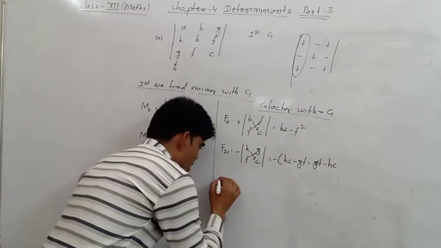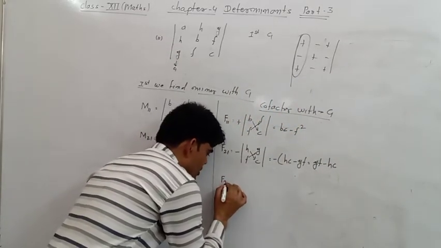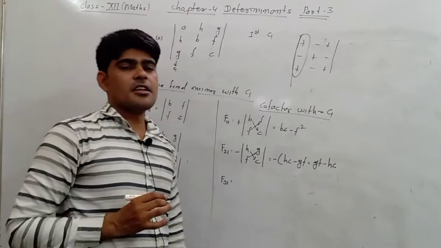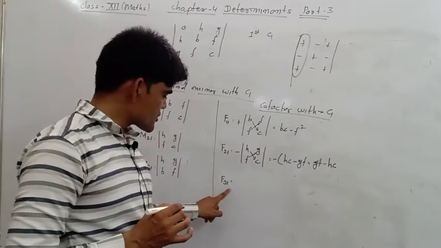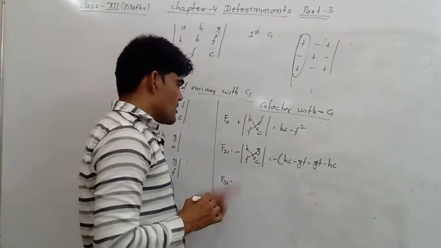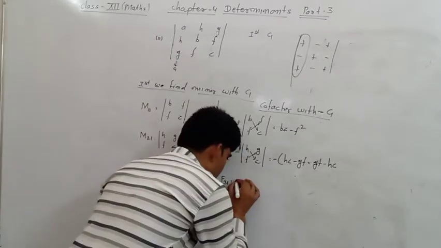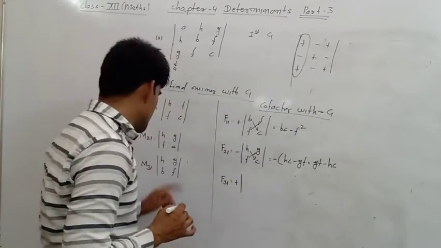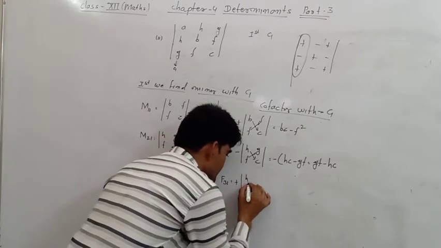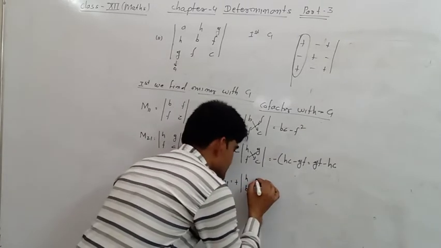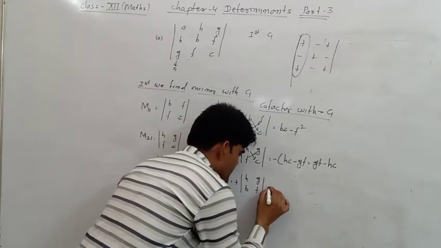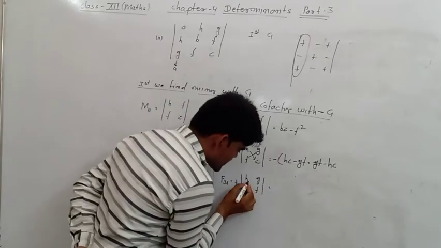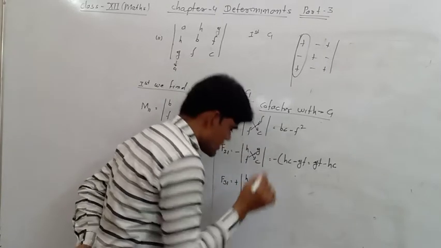Next, F31. This is the third element of the first column, in the third row, with signs plus, minus, plus. Okay, this is H, B, G and F. We multiply this and this.